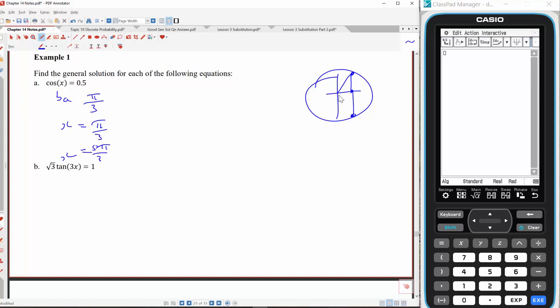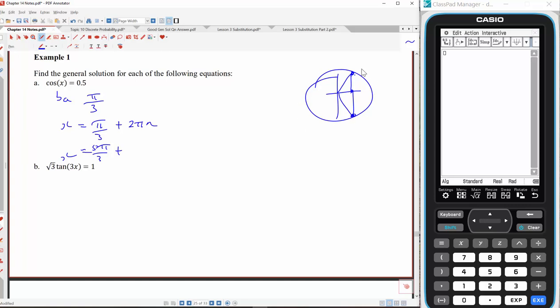And now what we're going to do is generate more solutions. We could get another solution here, which is pi on 3 plus 2 pi, which will get us back to this again, and another 2 pi and another 2 pi. So what we're going to do is fit an n value in here. We're going to add 2 pi n, and we're going to do the same for this solution over here.